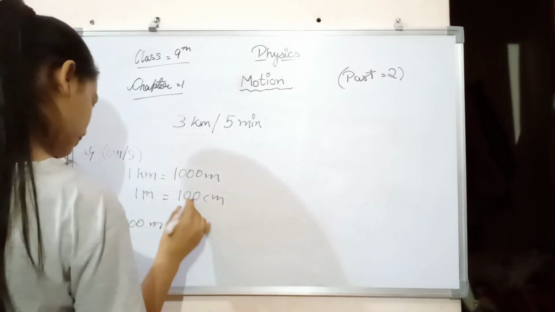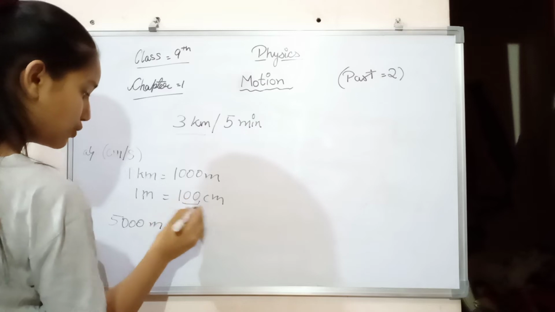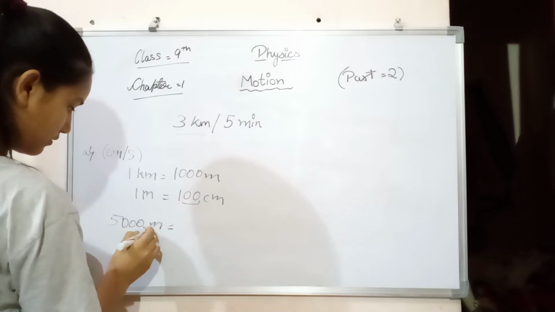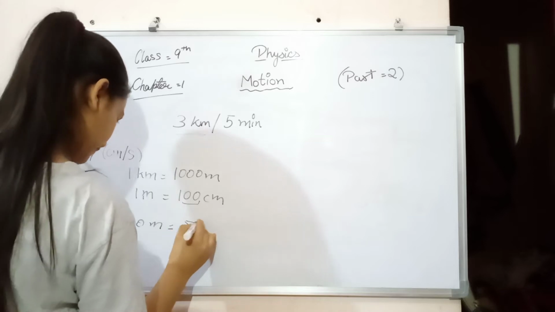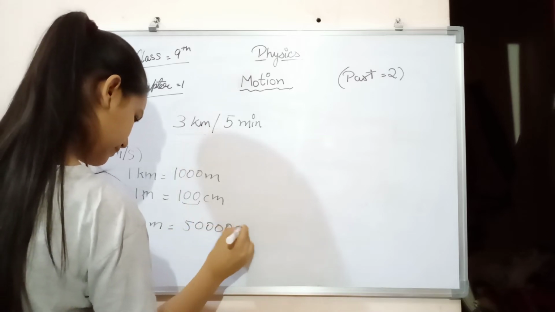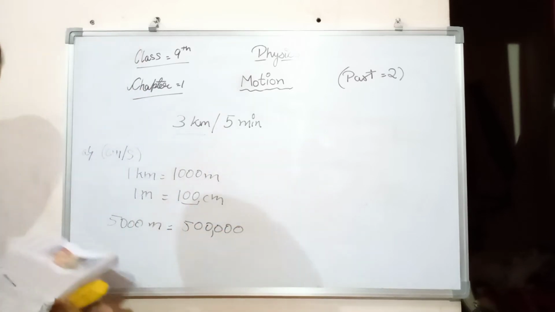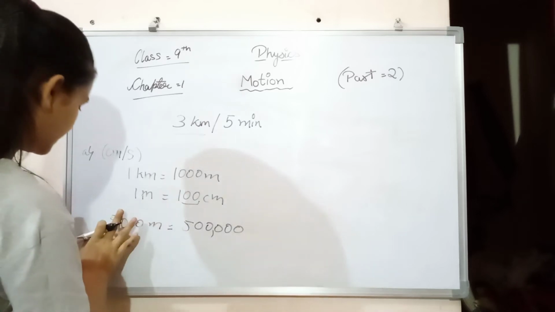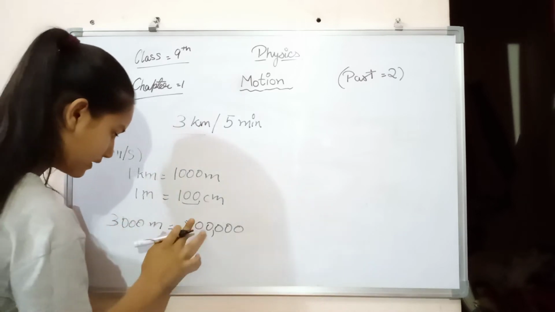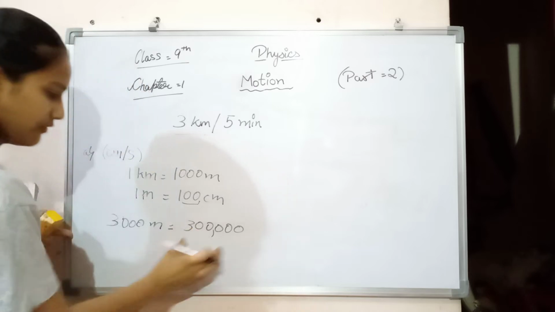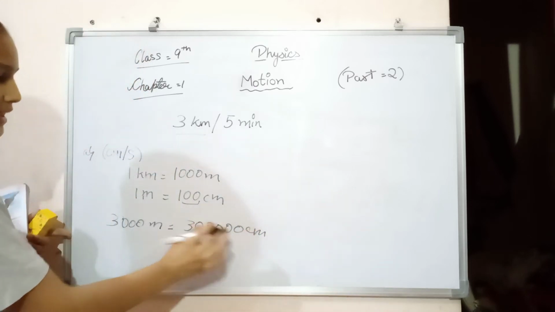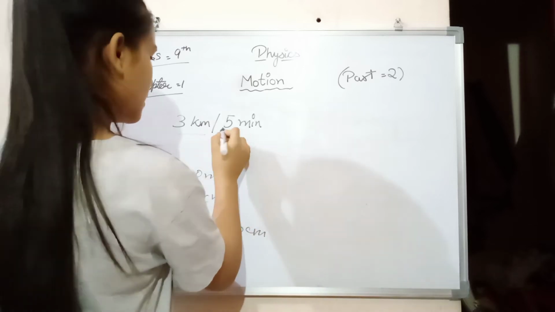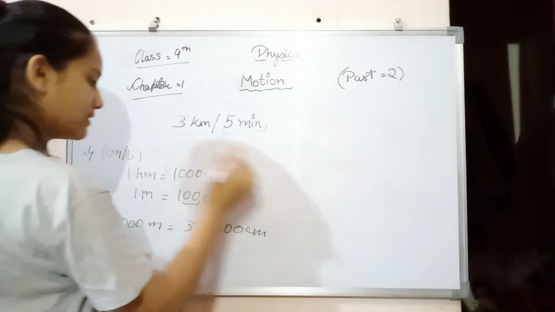We will add two zeros to 3000. So we got 3 lakh centimeters.